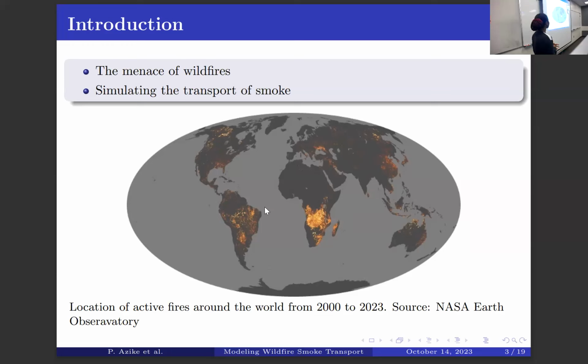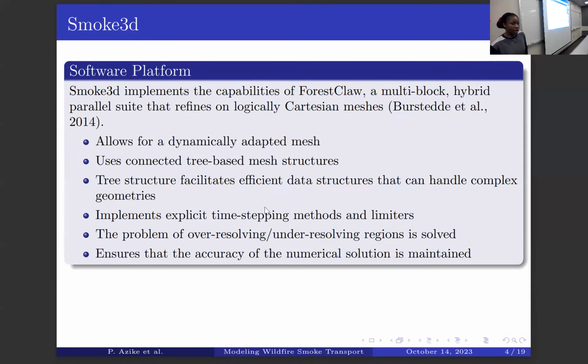It's a three-dimensional model which we use to estimate concentrations of PM2.5. The software platform of Smoke 3D implements the AMR features of ForestClaw, which is a multi-block hybrid parallel suite that refines on logically Cartesian meshes using patch-based solvers.